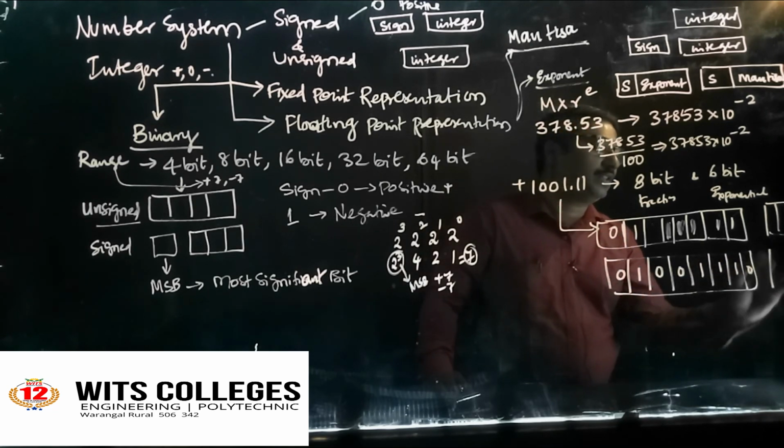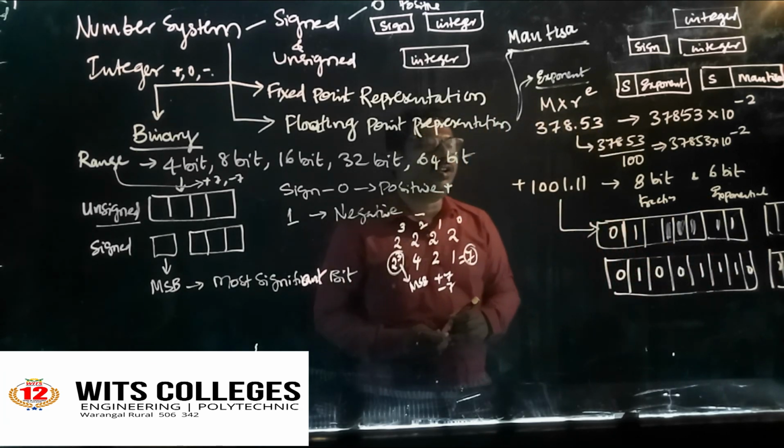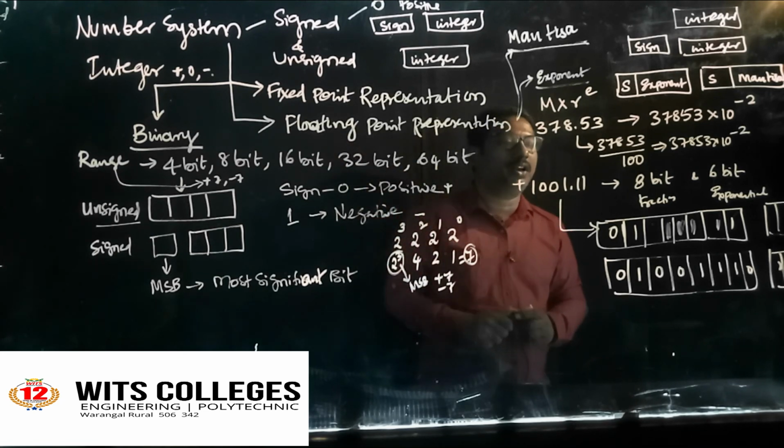And now the 6 bit representation: 1, 0, 0, 0, 0, 0. So this is the calculation of floating point representation and fixed point representation.